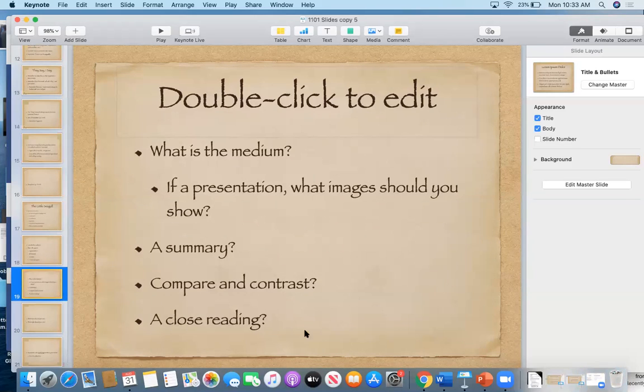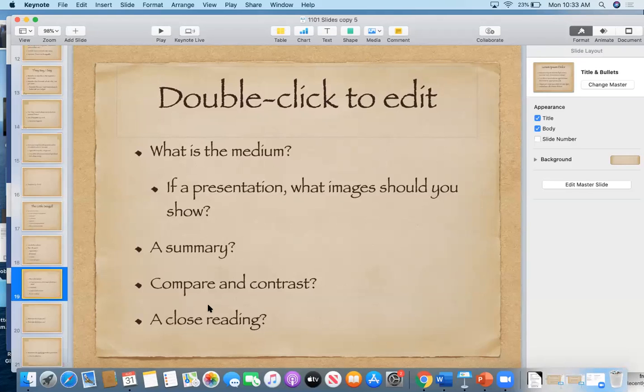Does anybody know what a close reading is? By chance? Yeah, a close reading is essentially where you take a passage of something and you look at each individual word or each individual line. For example, in poetry, some people might read through a poem without paying much attention to the author's diction, which is word choice.